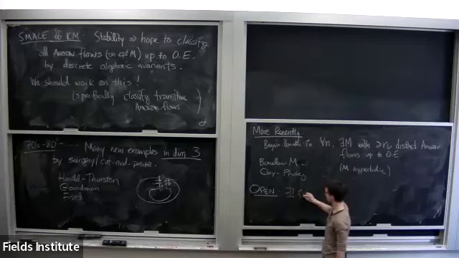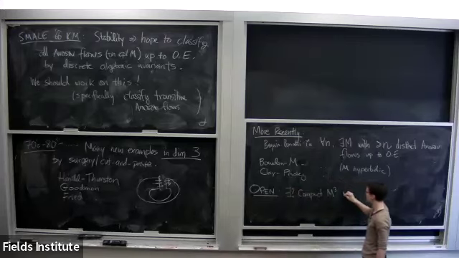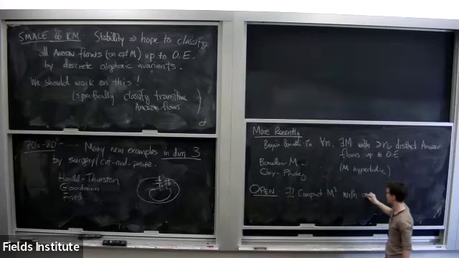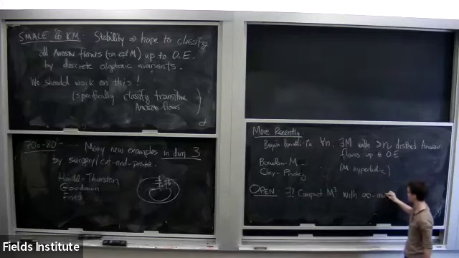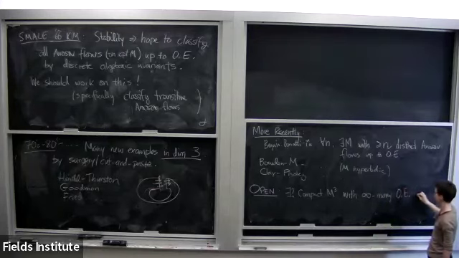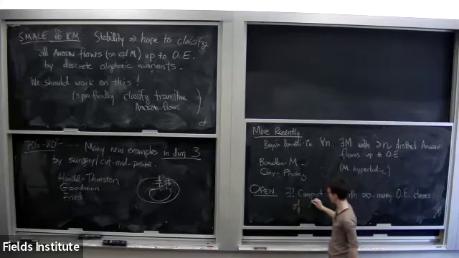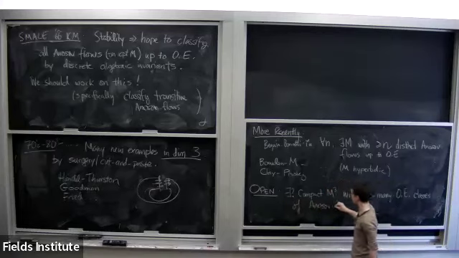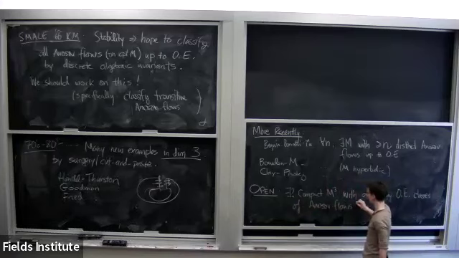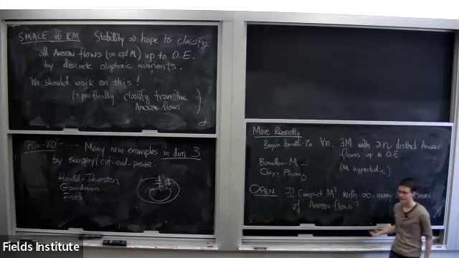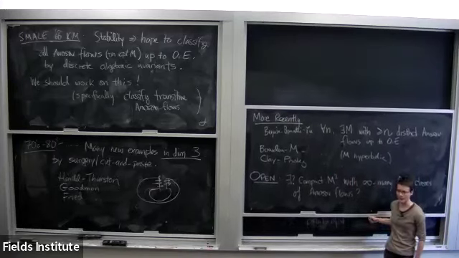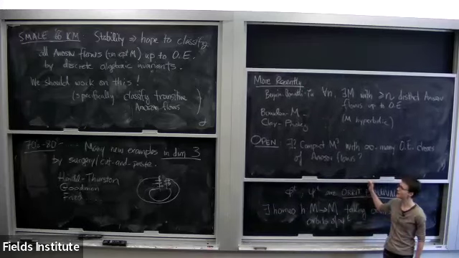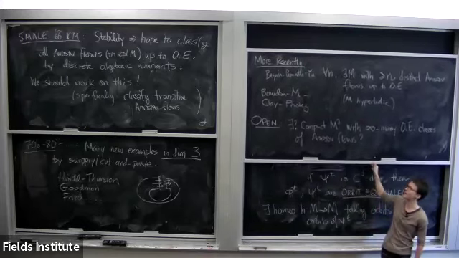Does there exist a compact three-manifold with infinitely many orbit equivalence classes of Anosov flows? If I had to put a bet on what the answer was, I would say no. I'm on team rigidity.